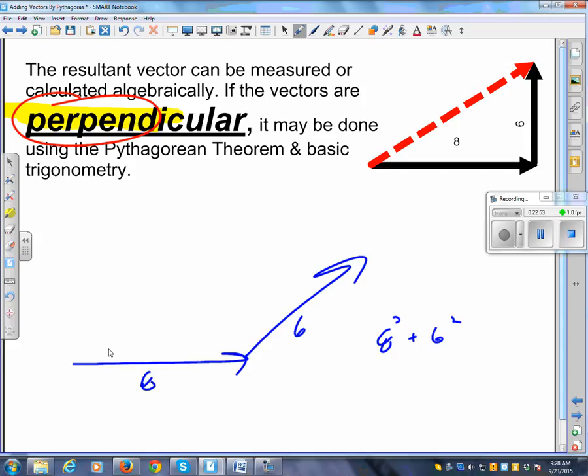I get so tired of writing on papers, not a right triangle. I should get a stamp, because I do it year after year. They must be perpendicular for you to do that. And even after I've stamped my feet and highlighted and circled and made a big rant like this, there's still 5 people in this room that are going to do it to me. Probably harder. Don't do that to me.